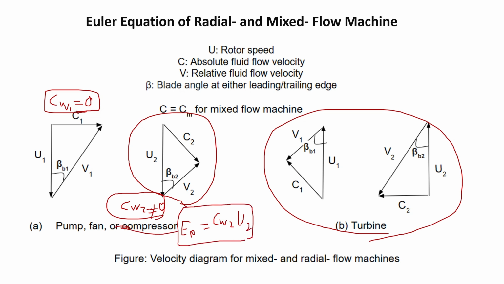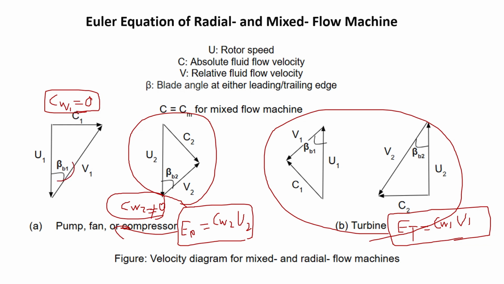This is for a pump, fan, or compressor, and the opposite is true for a turbine. So for a turbine, you need to have maximum swirl at the inlet. So C omega 1 needs to be at its highest value times U1, okay, the rotor speed. So just be aware of these.